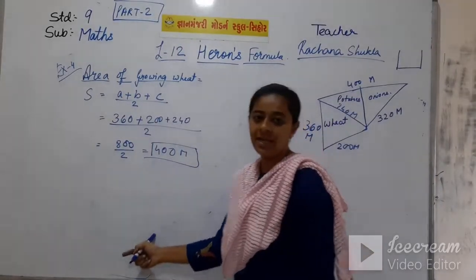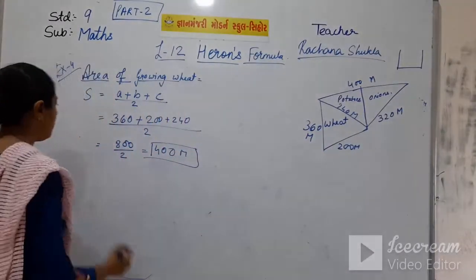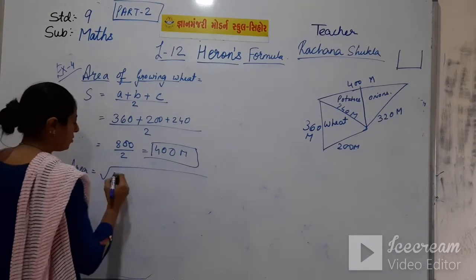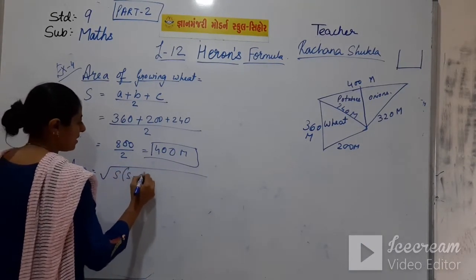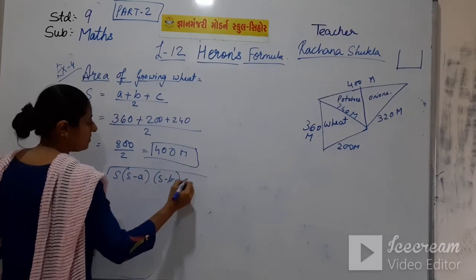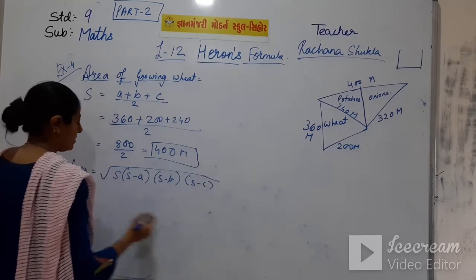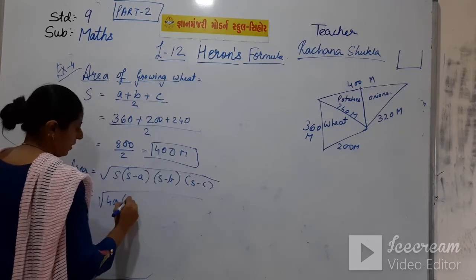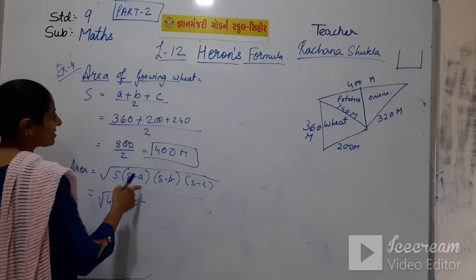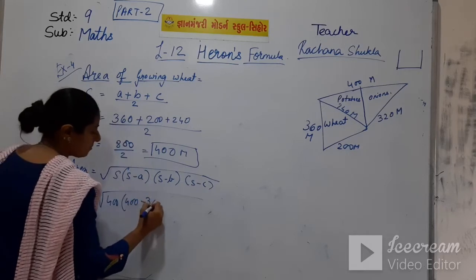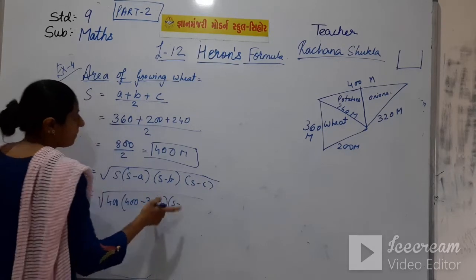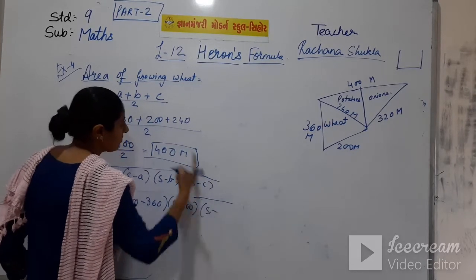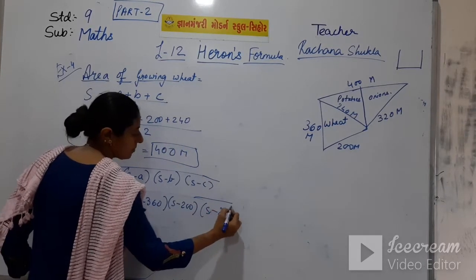Now finding the area of growing wheat. Area equals root of S times S minus A, S minus B, S minus C. That is, S is our 400. 400 minus A is 360. Then 200 and 240.